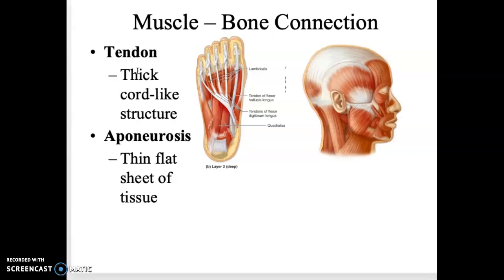A tendon is going to be a really thick cord-like structure that connects the muscle to the bone. And then an aponeurosis is going to be a really thin, flat piece of tissue. These are basically the same thing. They're connecting muscle to bone, but tendons are thick and cord-like. Aponeuroses are flat.